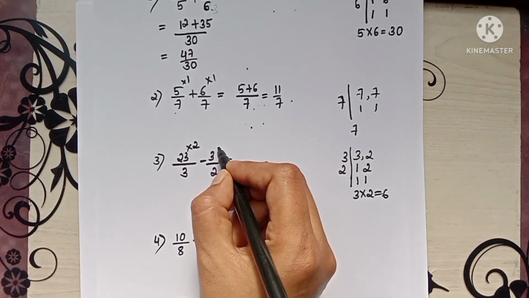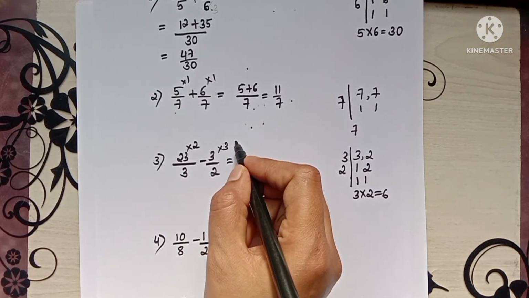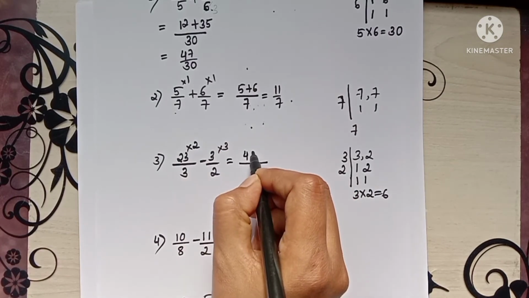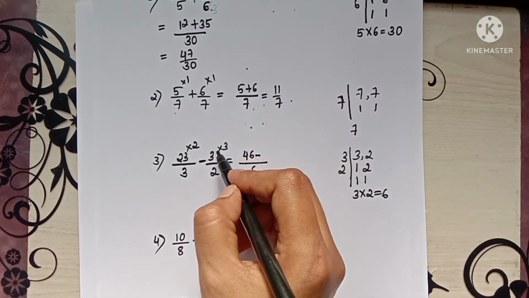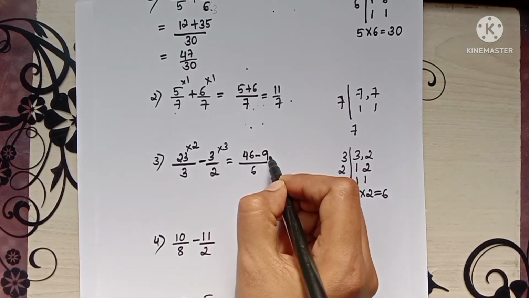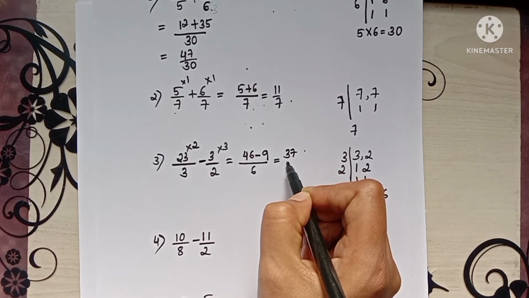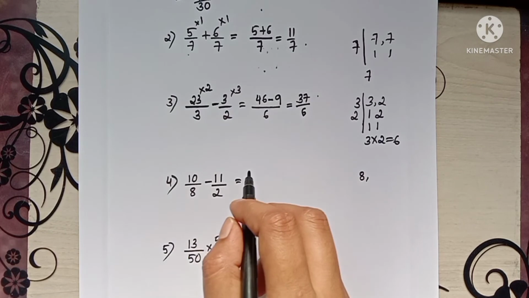And 2 3s are what? 6. So we have to multiply the numerator by 3. So 23 into 2 is what? 46. The sign is minus. Write down minus. 3 3s are 9. So what is 46 minus 9? 37 divided by 6. Let us take another example.